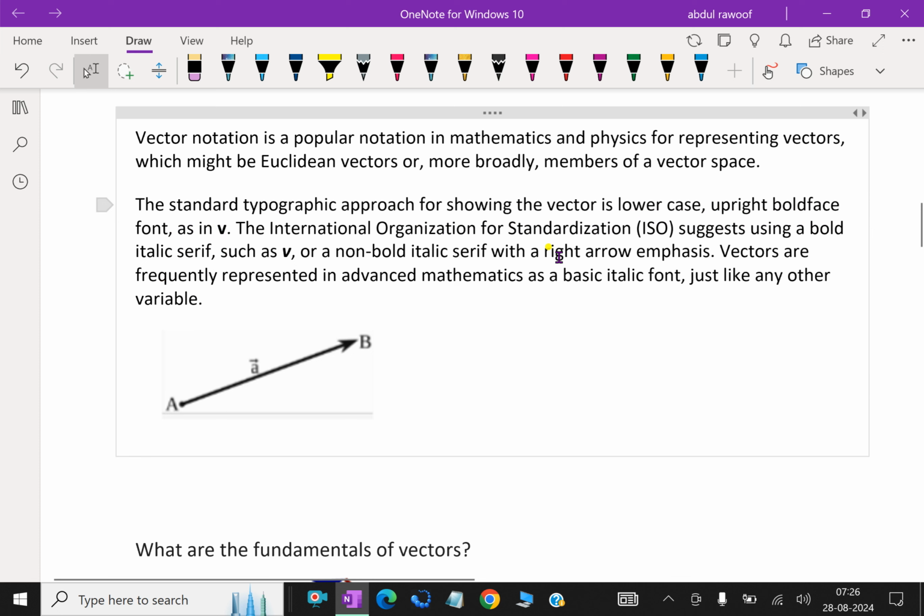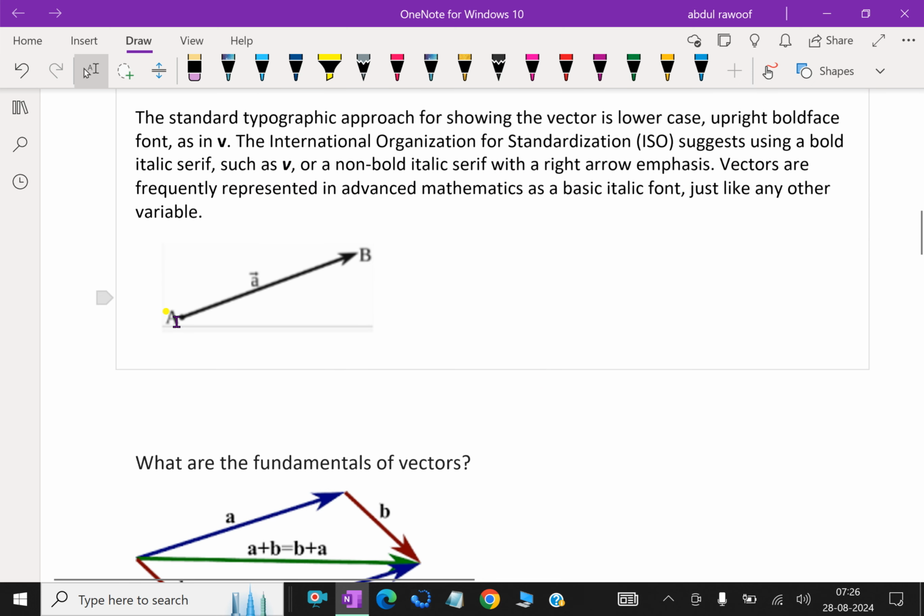The International Organization for Standardization, ISO, suggests using a bold italic letter v for vectors, and a non-bold italic serif letter for scalars. Here is a vector representation, that is AB, or vector A with an arrow.